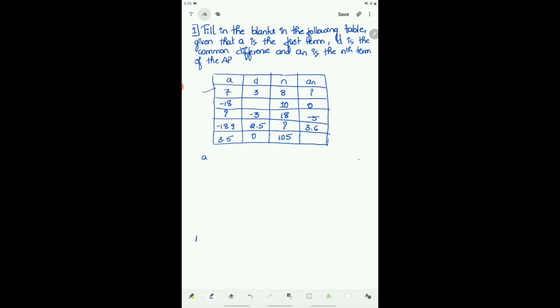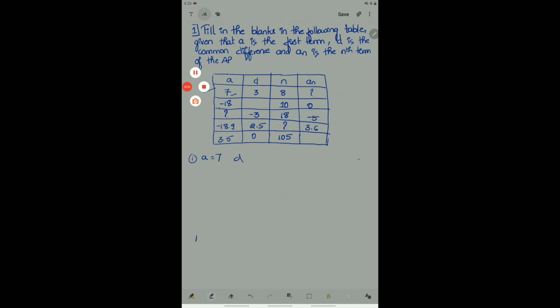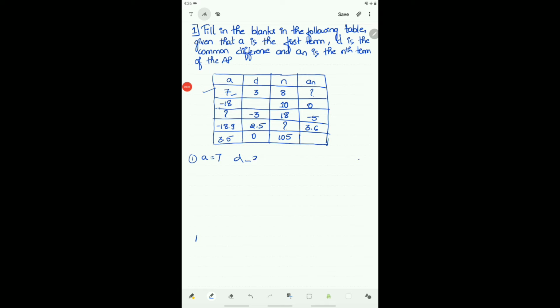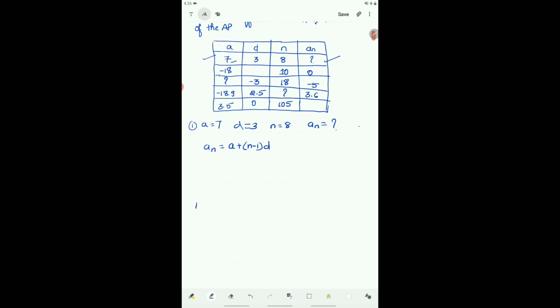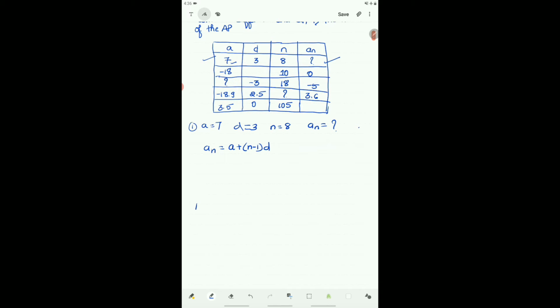Here a is 7, d is 3, n is 8, and An is to be found out. So you write the formula: An is equal to a plus n minus 1 into d.